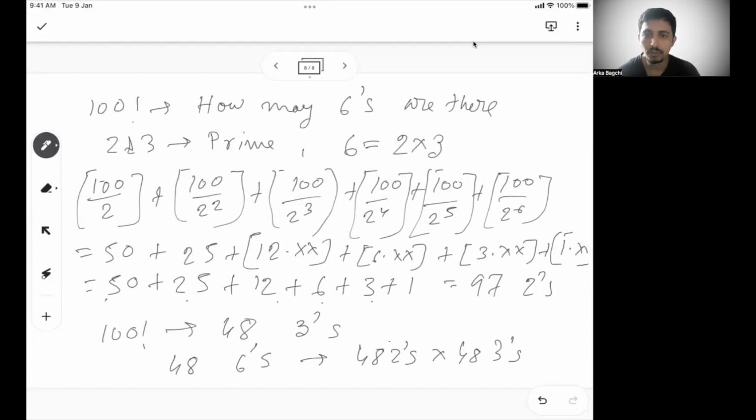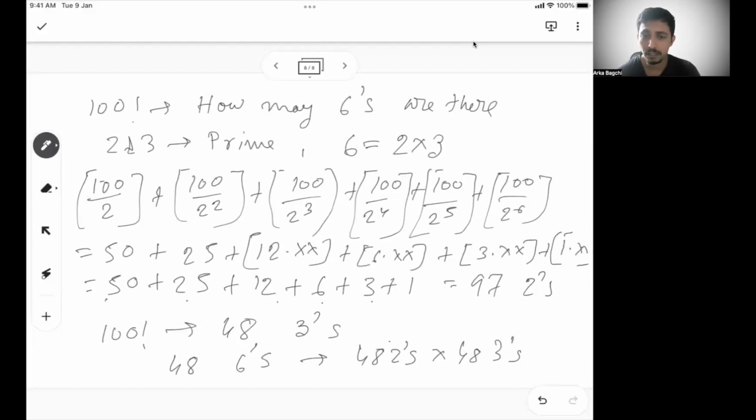So that's where you need to figure out, for a composite number that is not a prime, how many of the composite number there are in a particular factorial. You need to break the composite number into its prime factors and see how many of them you can get to make the composite number.